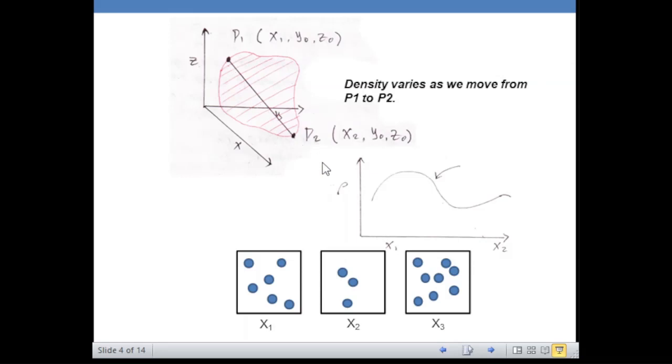So we might have this particular reading: if we start from x sub 1 and move towards x sub 2, this is how the graph might look.